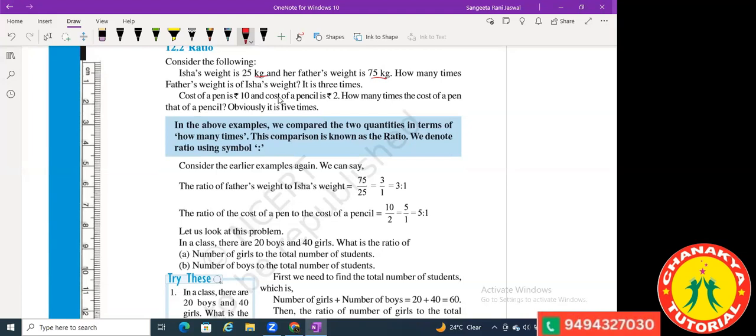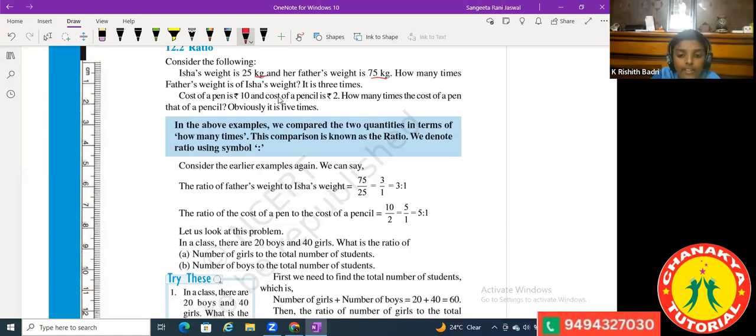Either you will convert grams to kilograms or kilograms to grams, but both have to be same. Whatever you are taking in the numerator and the denominator, both the units have to be same. You need to be careful about this before finding the ratio.